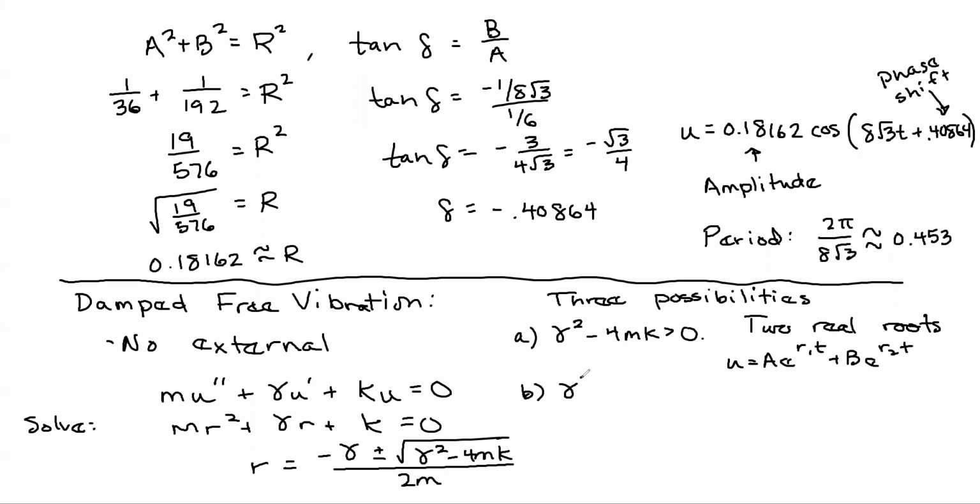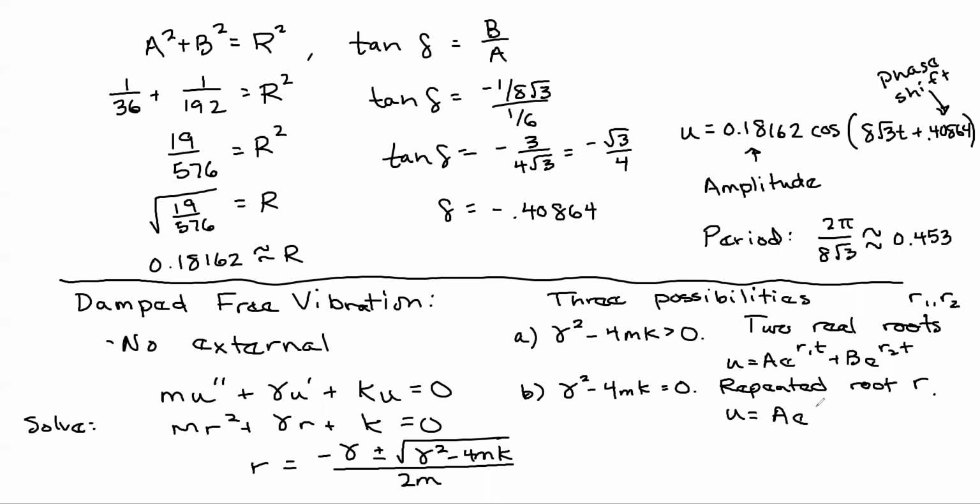We could have gamma squared minus 4mk equals 0. If that were to occur, then that ends up killing this whole term and you get a repeated root. If that's the case, then you're going to get u equals a e to the, all right, so if this goes away, then the repeated root is going to be negative gamma over 2m.